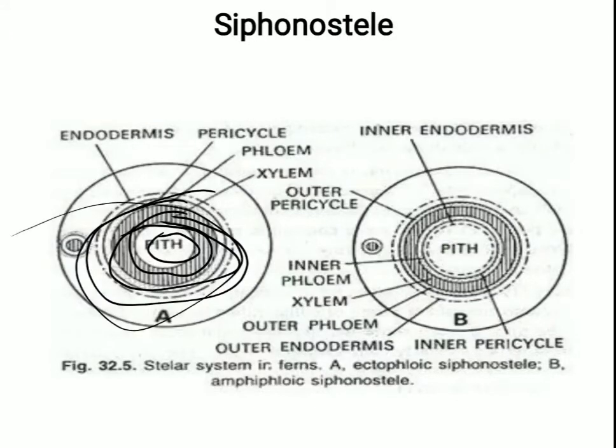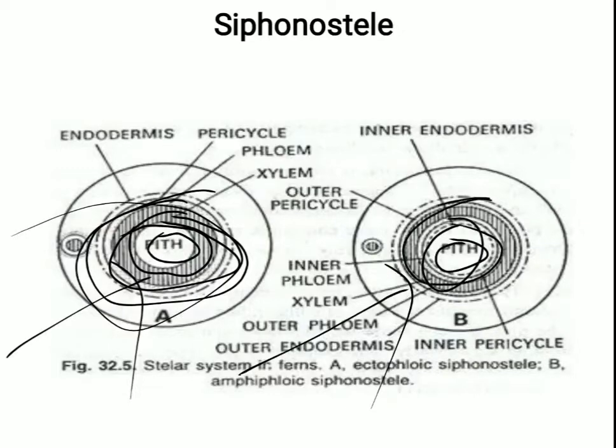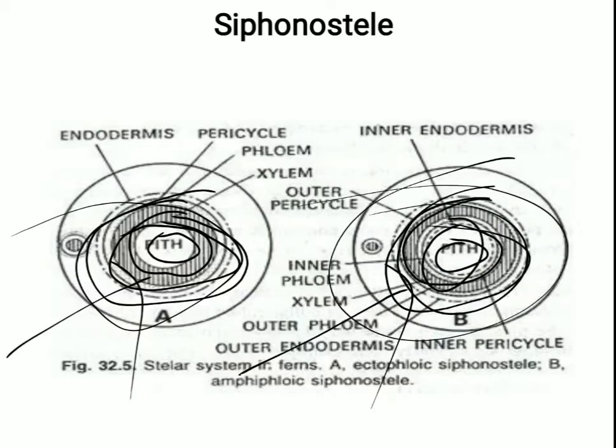This is the ectophloic siphonostele. Then amphiphloic siphonostele: the middle portion is the pith, then phloem, then xylem, then further phloem, and then endodermis and pericycle. This is the type of siphonostele.